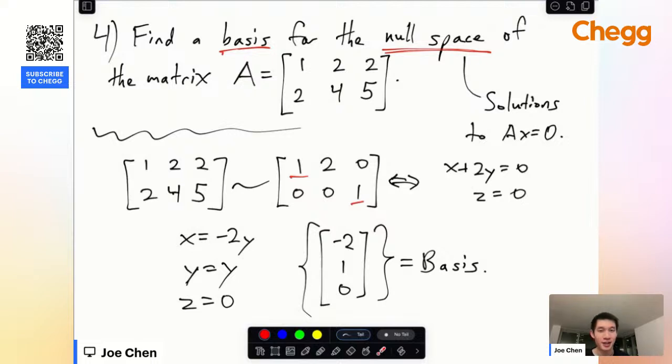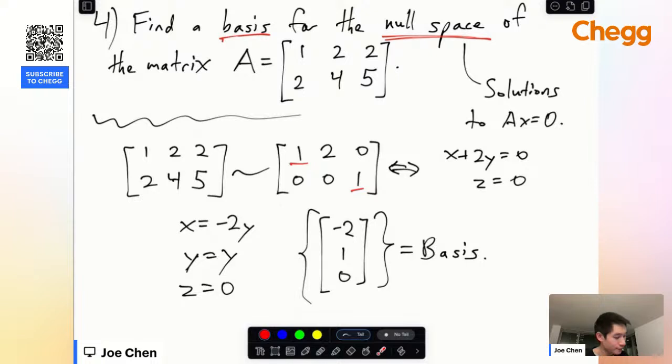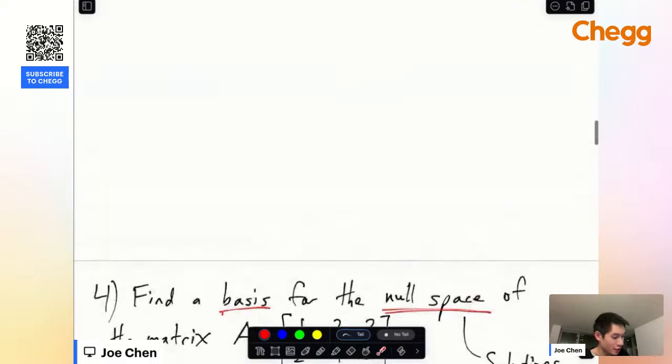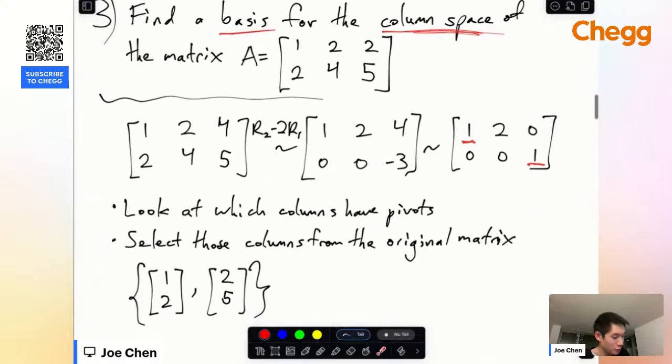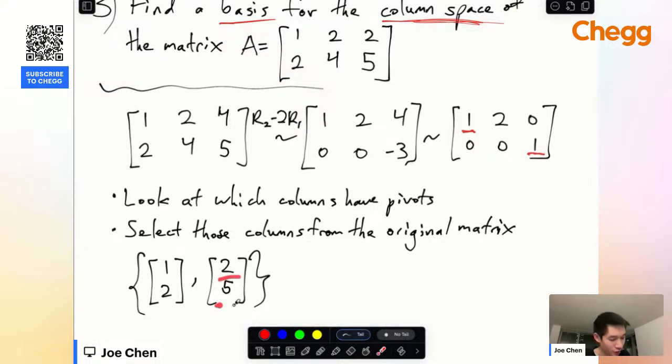Another thing to highlight for the differences is that the dimension of the basis is going to be different, right? So here, this is going to be a vector in R3, right? There's 3 coordinates. So this lives in R3, whereas the column space, each vector only has 2 entries.